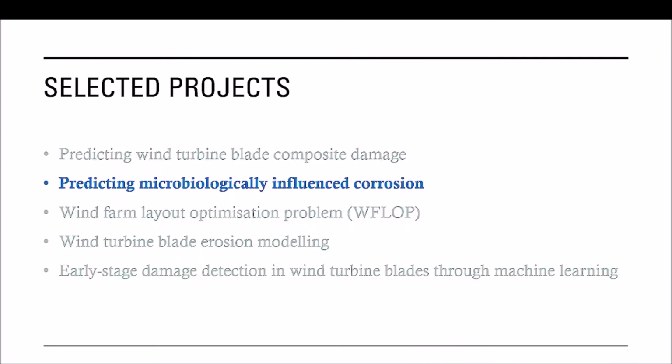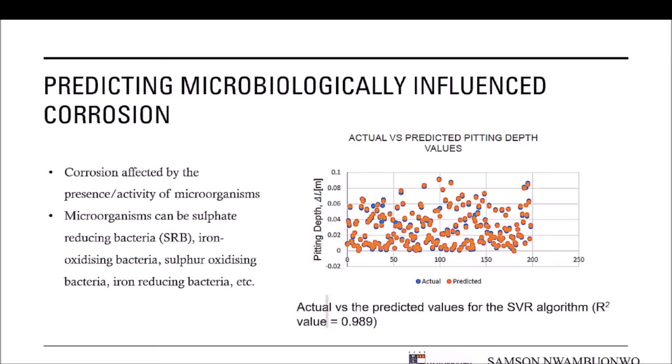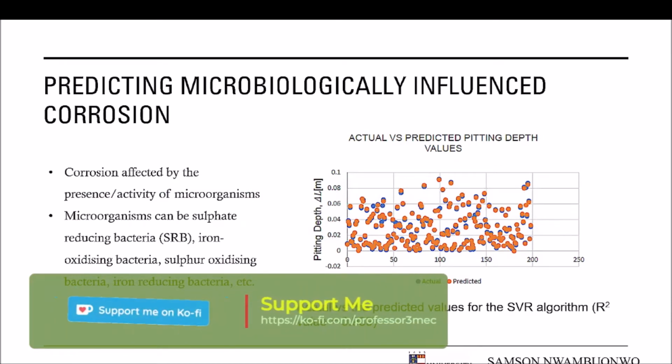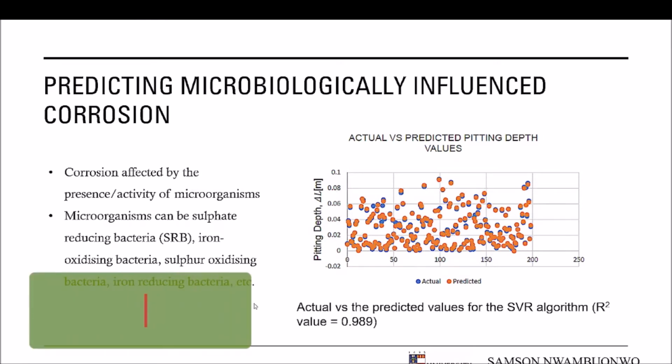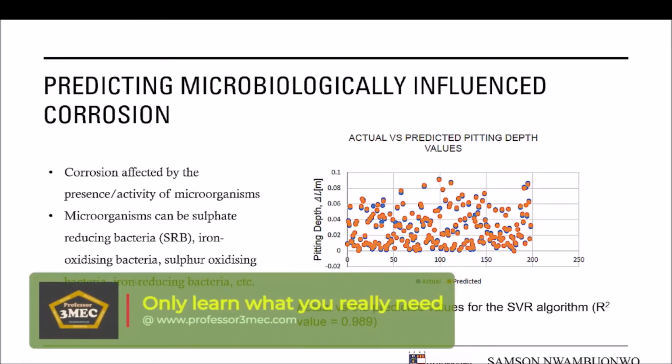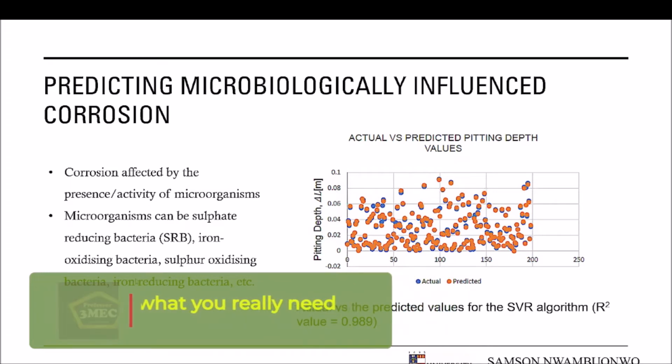Okay, the next one is microbially induced corrosion. In this case, your structure is in a subsea environment, or in any environment where you have microorganisms such as sulfate reducing bacteria, iron oxidizing bacteria, or sulfur oxidizing bacteria, etc. These different bacteria can cause degradation and corrosion in your material.